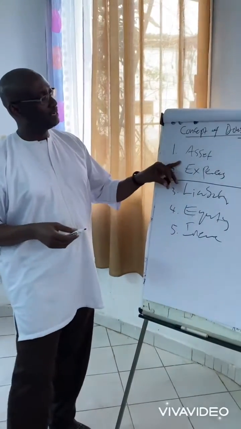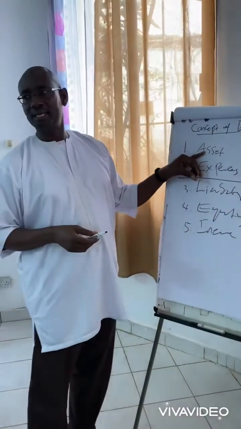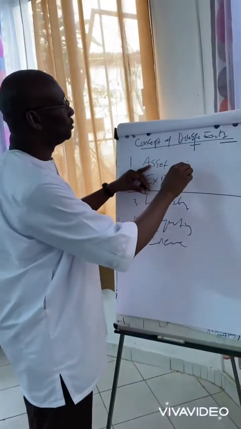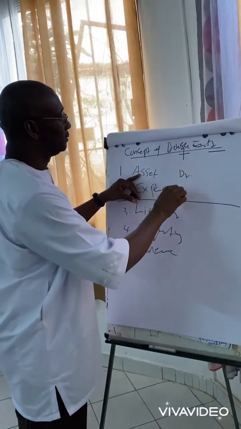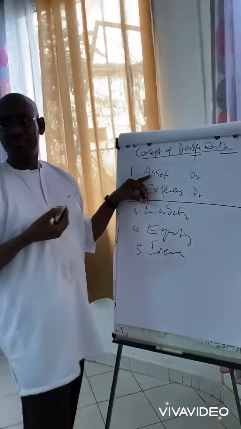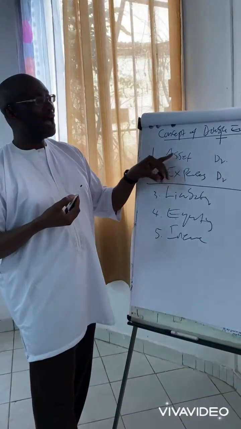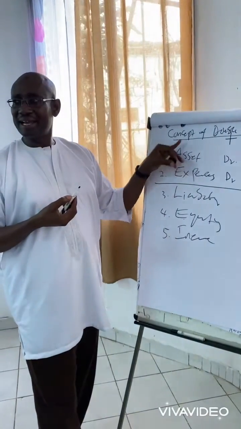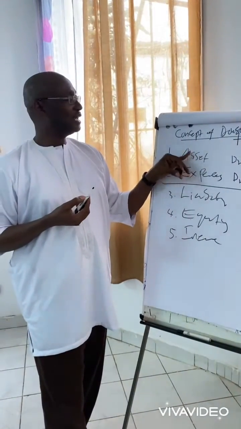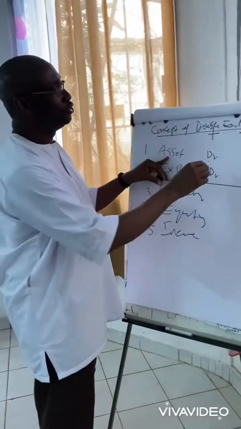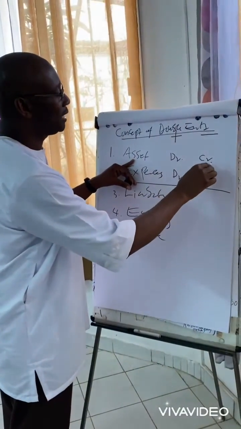So naturally, if you want to increase a debit entry, what do you do? You debit it. If you want to reduce a category, an element that has got a debit entry, what do you do? You pass the opposite, isn't it? You credit.